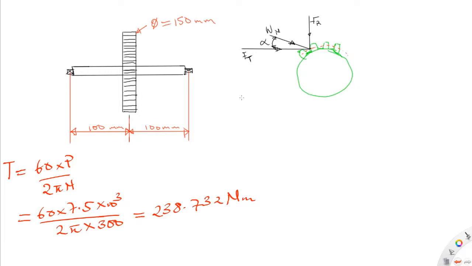All right, and in our case the alpha was given to us to be 20 degrees. So what we have to determine now is the Wn, because the Wn will be the bending load on the shaft. That is the load that will bring bending to the shaft.